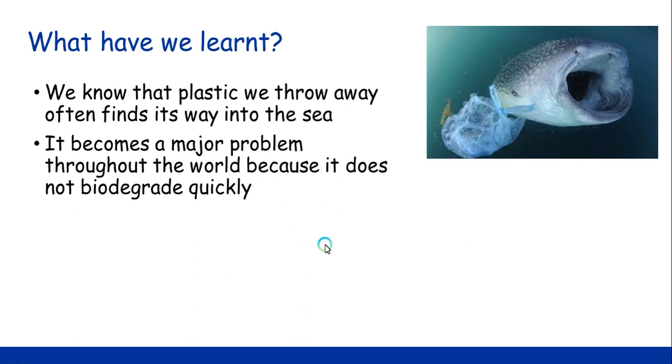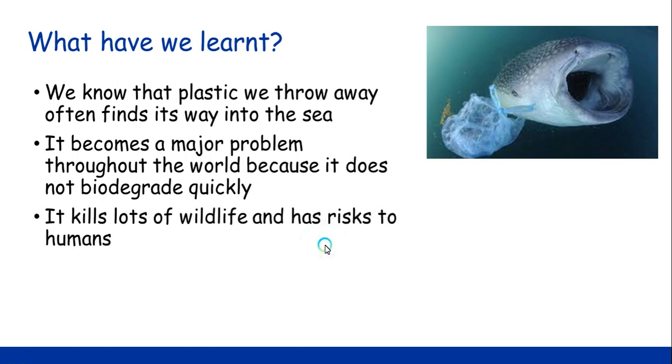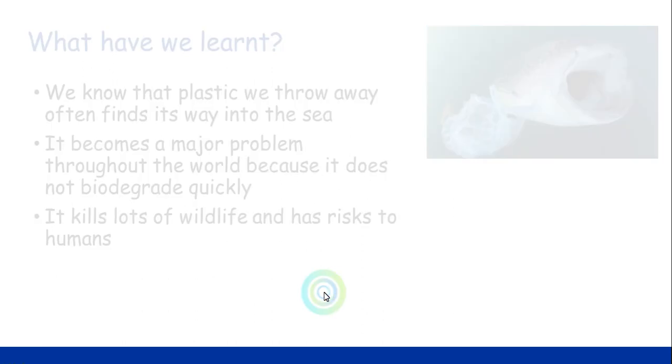It becomes a major problem throughout the world because it does not biodegrade quickly. It does not decompose. So it kills a lot of wildlife and has risks to humans. It causes man to be sick. We fall ill. So those are the things we need to take cognizance of.